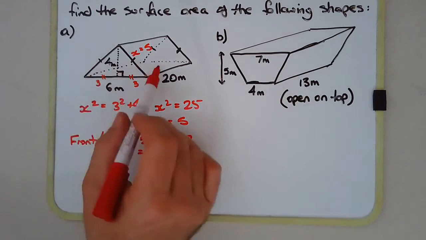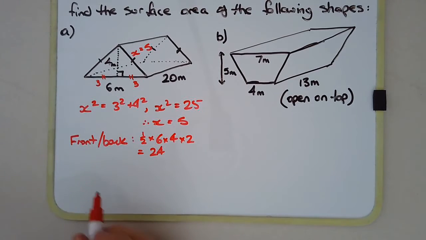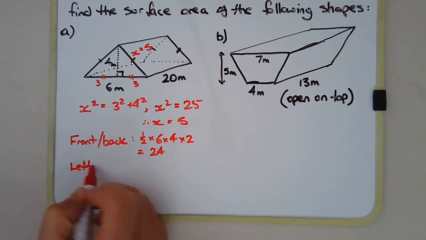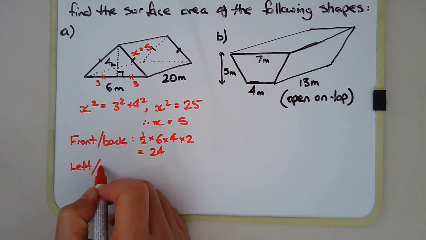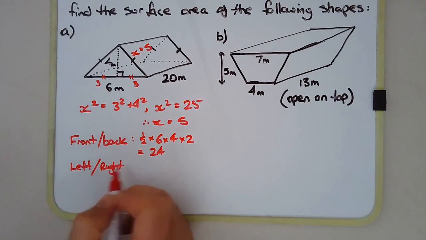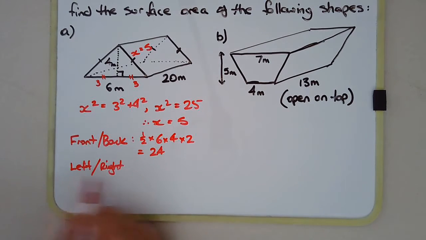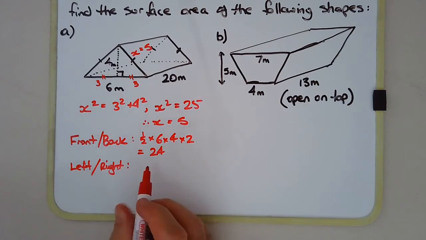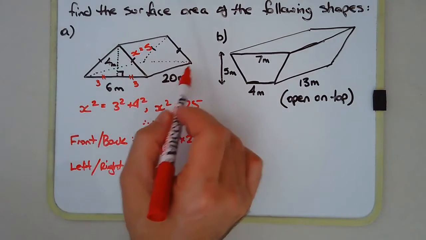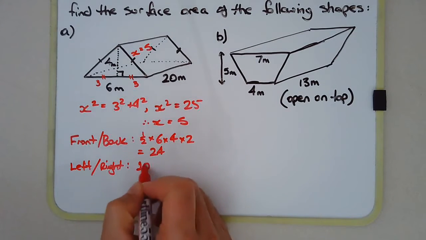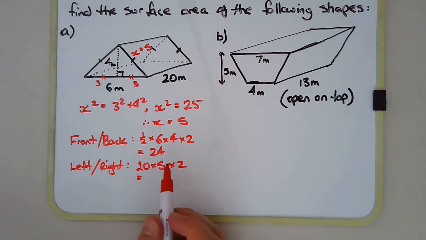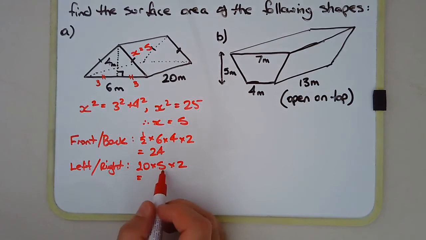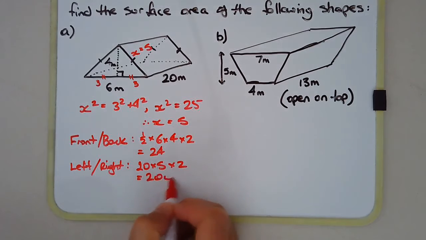Now, we've also got the left and right rectangles that are identical as well. So again, no need to work out each rectangle separately, unless of course you have to. So left and right, they're rectangles. It's going to be 20 times 5, and we have 2 of those rectangles, and that gives us 20 times 5 is 100 times 2 is 200.